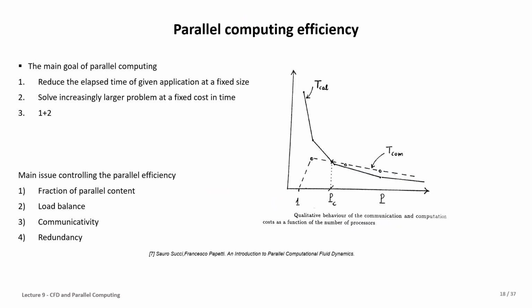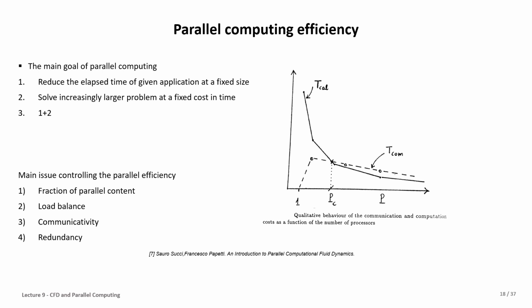When we apply parallel computing to CFD, as you know from the previous lecture, the main goal of parallel computing is to reduce the elapsed time of a given application at a fixed size, and to solve increasingly large problems at a fixed cost of time. When these two goals come together, we can reach the optimum efficiency.